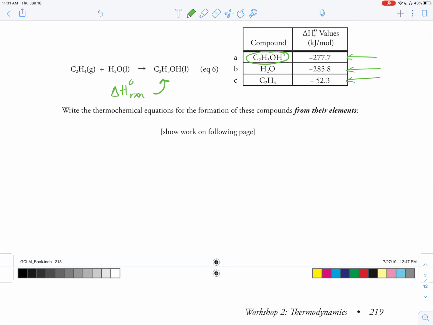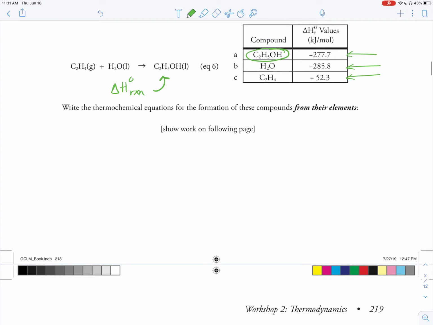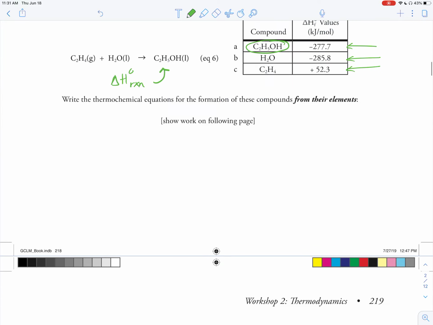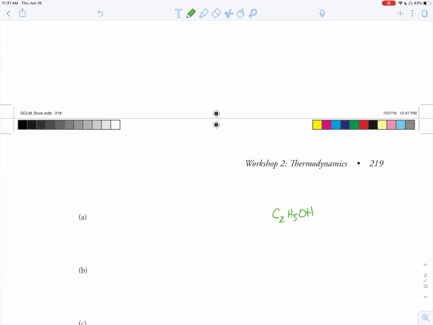So for letter A, it is C2H5OH. Make sure that's correct. Yep. And so what we want to do is build that. Well, you just build it using the elements that are included in it. So you have carbon, you have hydrogen, and you have oxygen. But when we're writing them down as elements, they have to be in the proper elemental form that they occur naturally.